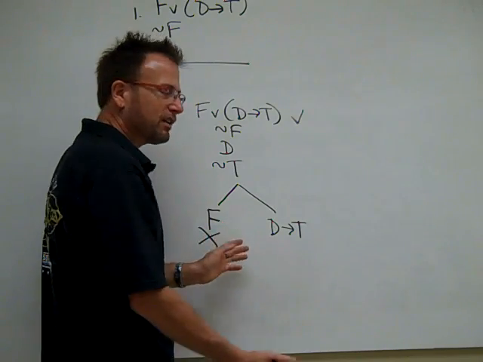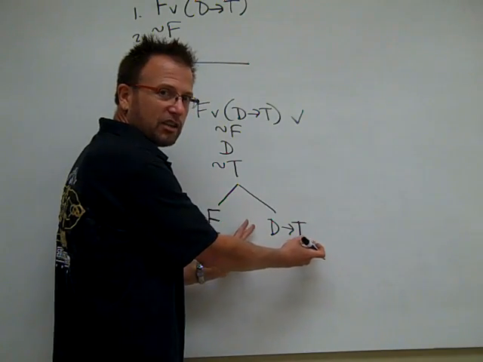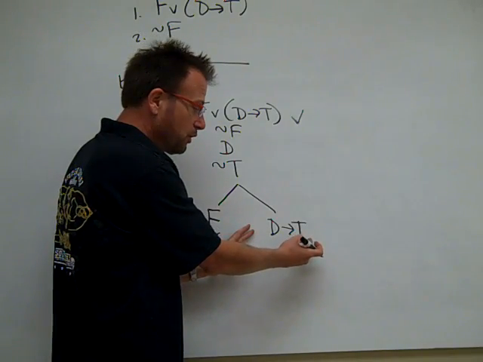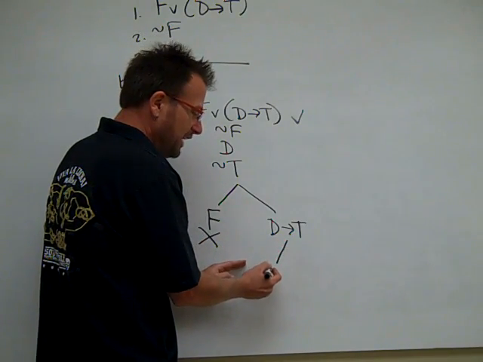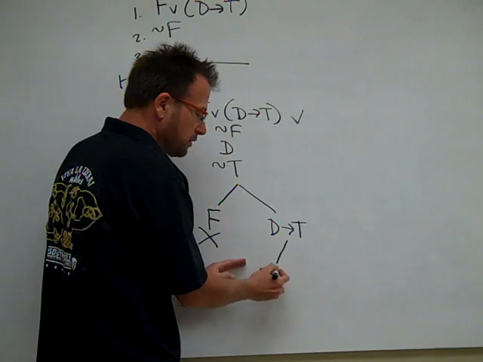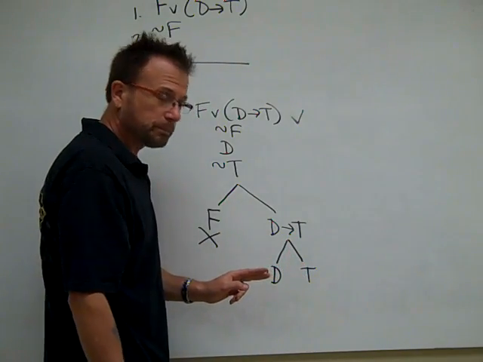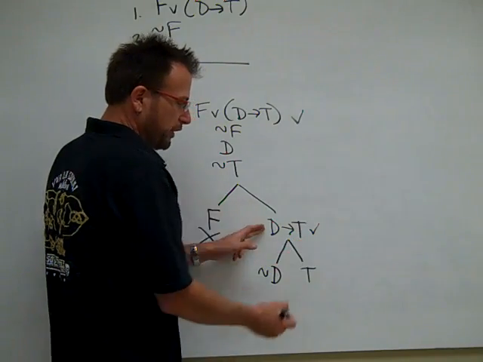So the question now is, under what conditions will this conditional statement be true? This conditional statement will be true when either the antecedent is false or the consequent is true. That's the rule for the conditional statement.